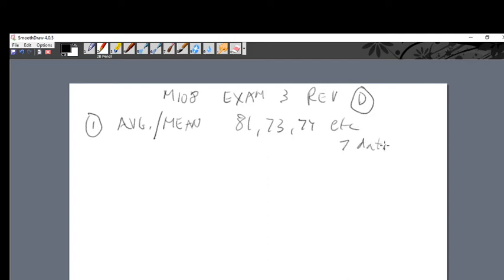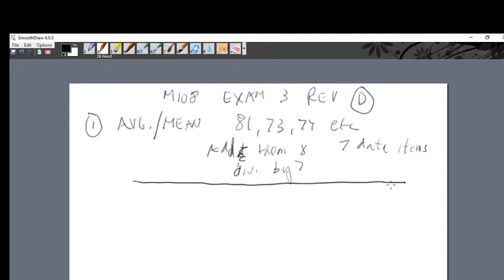Add them up, and then divide by seven, since there are seven data items. Just a reminder, that's all in the earlier video, but I want to make sure we do not get confused. All right, that's out of the way.